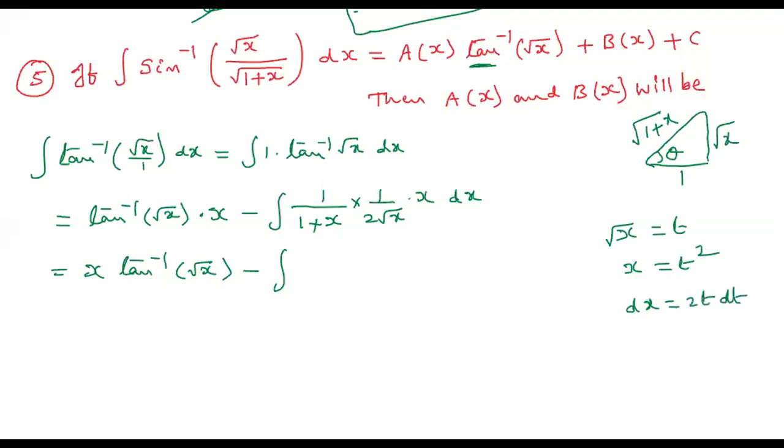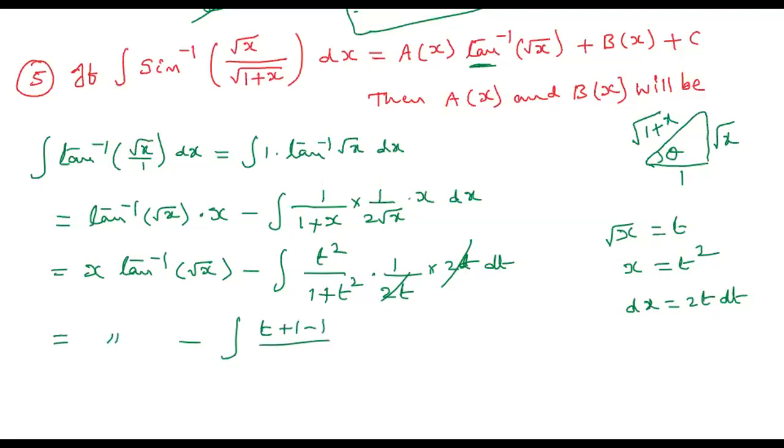Now substitute here, x is already there, t square divided by 1 plus t square, into 1 by 2t, and dx means 2t dt. So 2t is going to cancel. Now this is the same minus. So this is how to write t square plus 1 minus 1, divided by 1 plus t square, into dt.